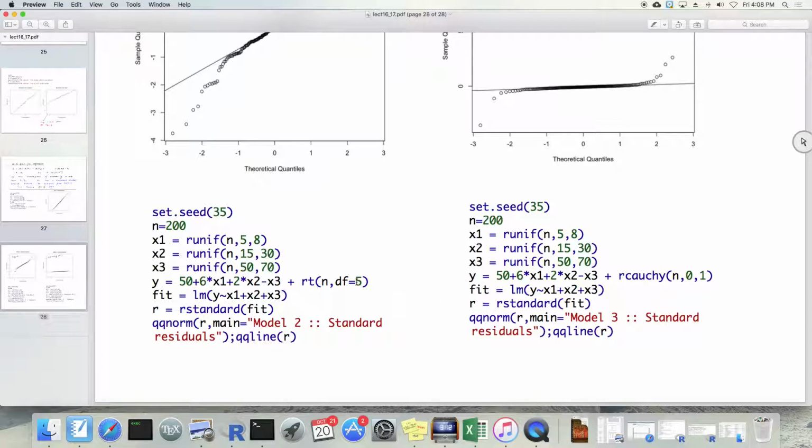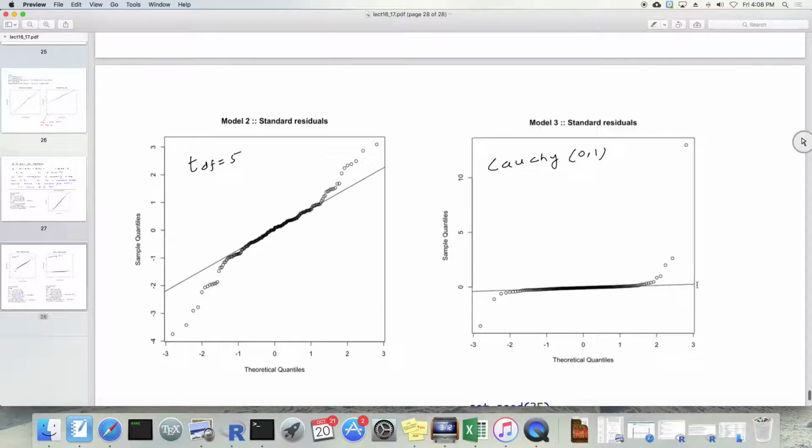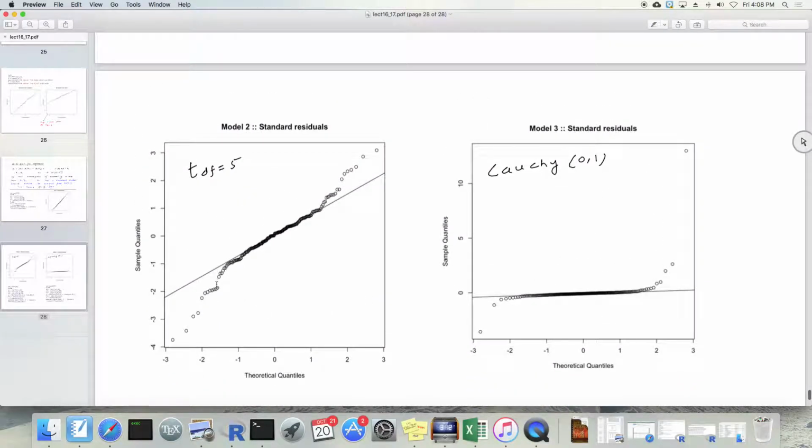So the errors are from a T distribution in one and from a Cauchy distribution in the other. And we see that produces bad effects. So the QQ plot is helpful for detecting non-normality.